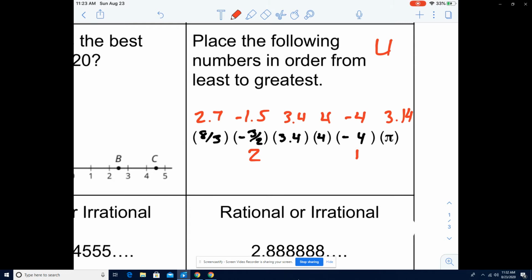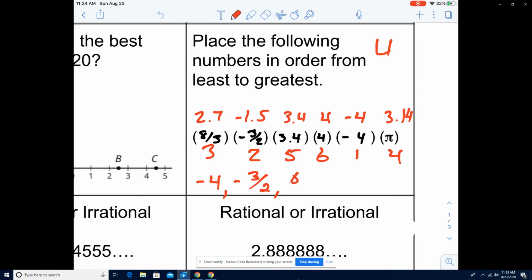Now we're going to look at the positive numbers. Looks like 2.7 is the smallest. And then it looks like 3.14 or pi is next. And then 3.4. And then the number 4. And you go back through and you type these out just like they were written originally. So negative 4 was first. Second was negative 3/2.